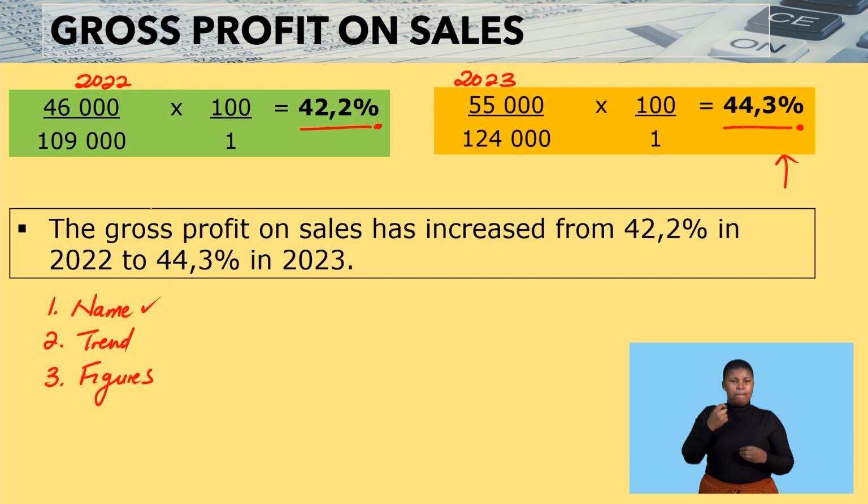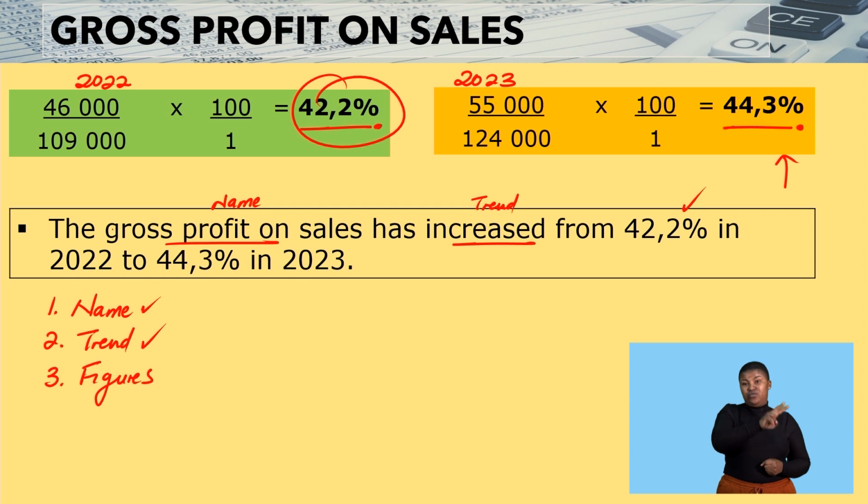So when I'm commenting, there are 3 things that I need to touch on. The name, so I'll come in, then I'll say, the gross profit on sales, this is my name, has increased. This is the trend. Did it increase or did it decrease? The gross profit on sales has increased from 42.2% in 2022 to 44.3% in 2023.